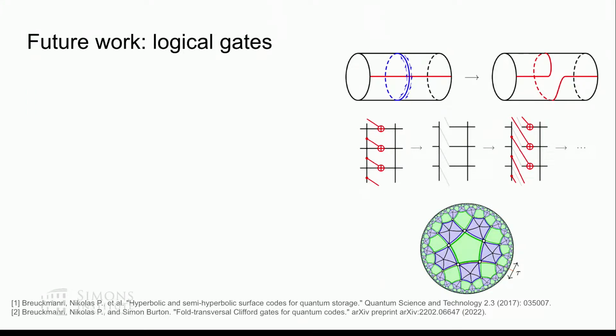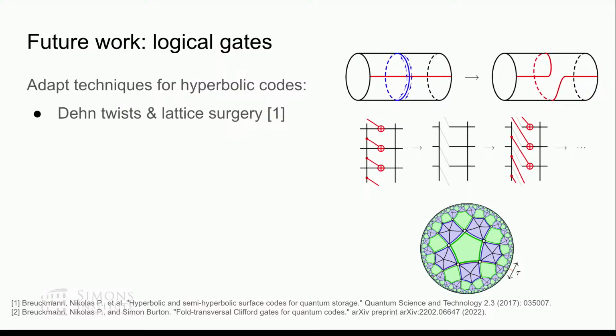So for future work, one important area to research will be to look into logical gates in these codes. You could certainly adapt techniques which are known for hyperbolic codes, such as Dehn twists and lattice surgery, which were shown in reference 1. But there are two limitations of these approaches, even for the standard hyperbolic codes.